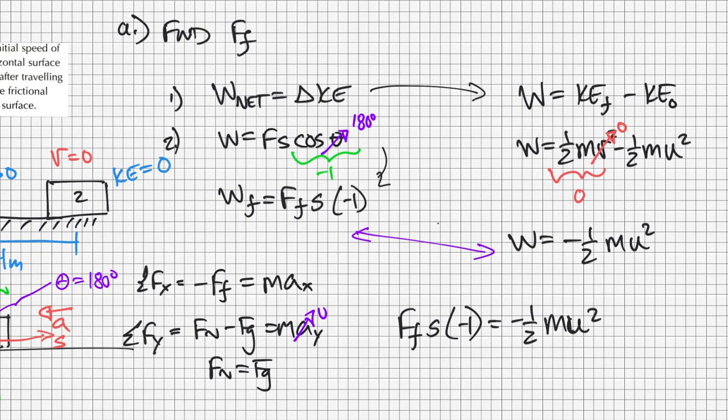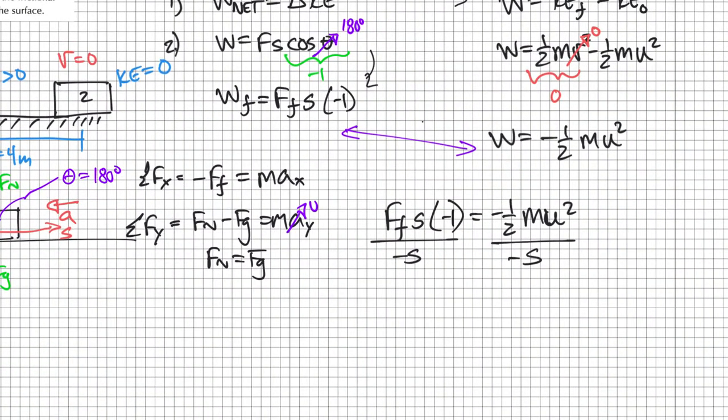Then solving for my force of friction, I divide each side by -s, which cancels out my displacements on the left, as well as my negative. I'm left with the force of friction equals 1/2 m initial velocity squared over s, or another way to write that would be m initial velocity squared over 2s.